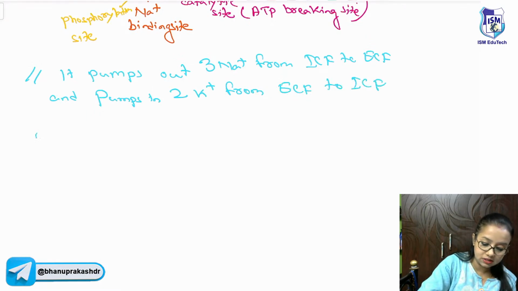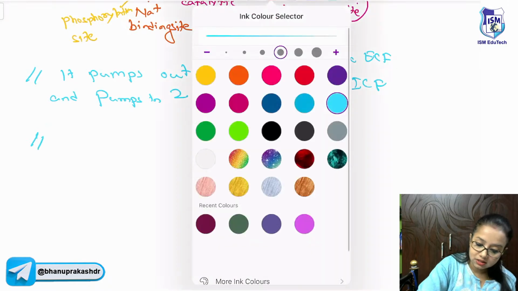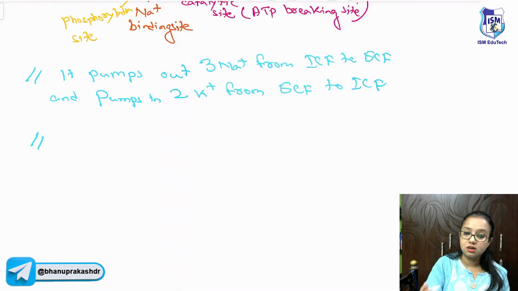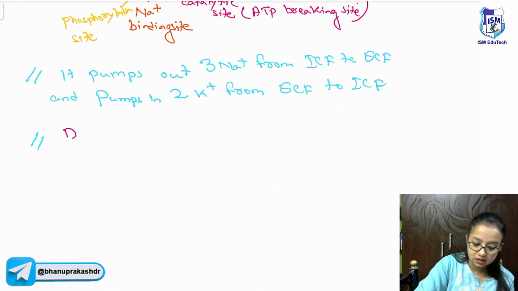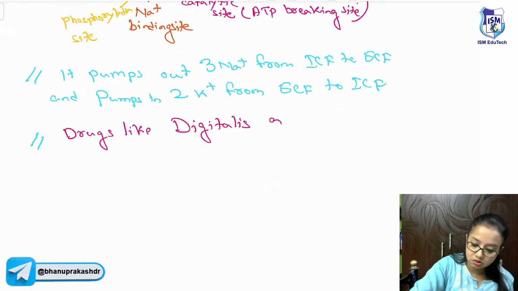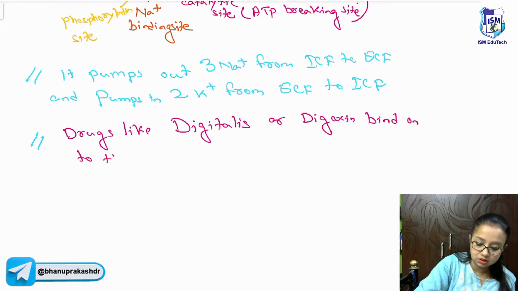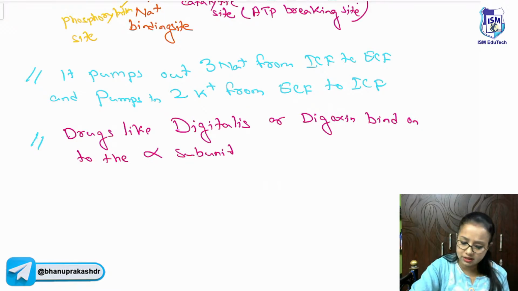Another important function is that drugs like digitalis or digoxin bind on to the alpha subunit, that is a covalent binding site.